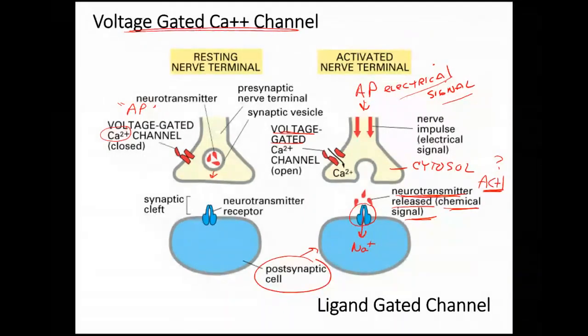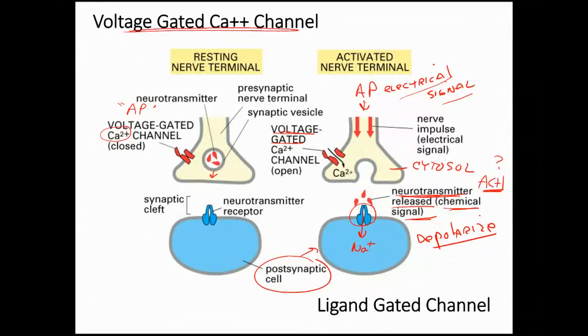And then what's going to happen is you're going to depolarize here in the postsynaptic membrane and excite that cell, whether that cell is actually a neuron or another type of excitable tissue like skeletal muscle. You're going to generate a what?